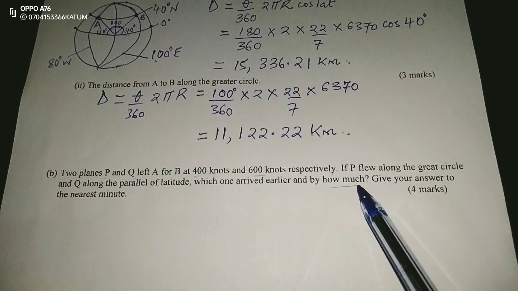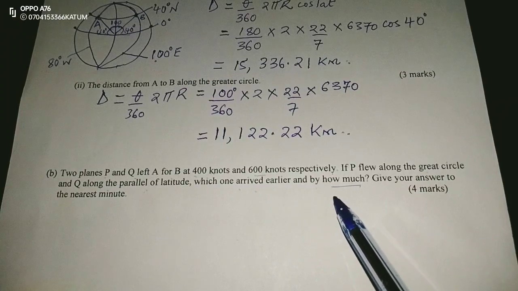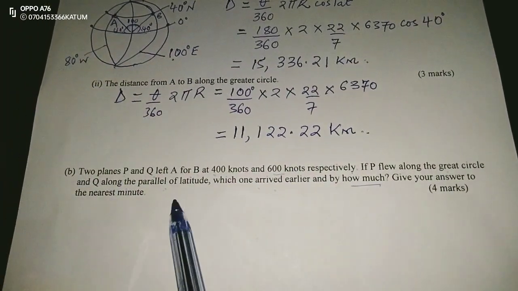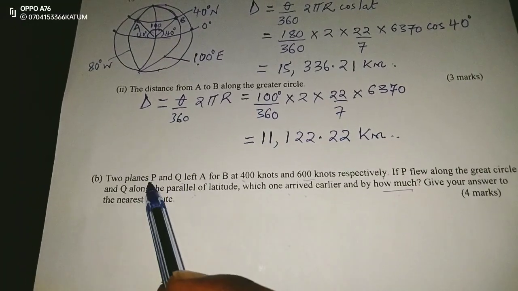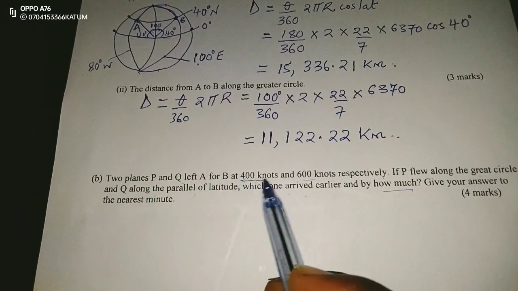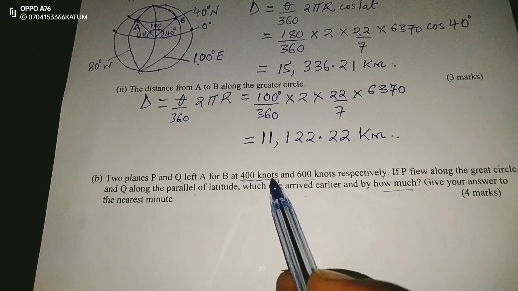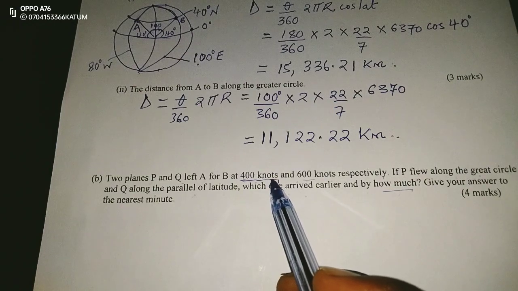So we're going to calculate the times taken by these particular planes. Because the speed is in knots, it means they are covering nautical miles per hour. So I'm going to quickly calculate the distances in nautical miles.